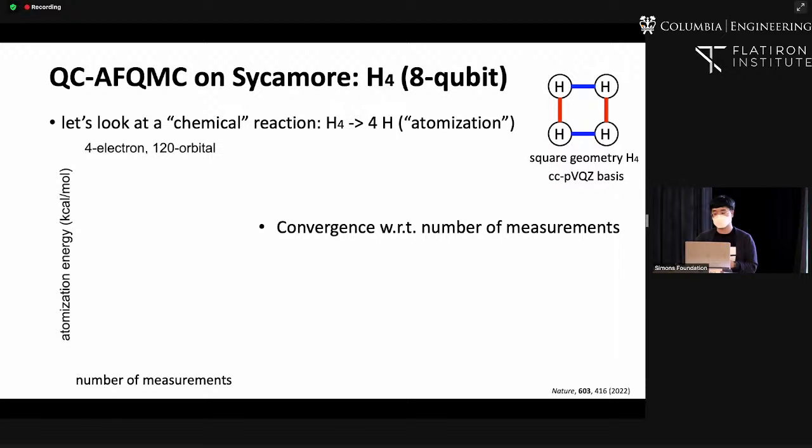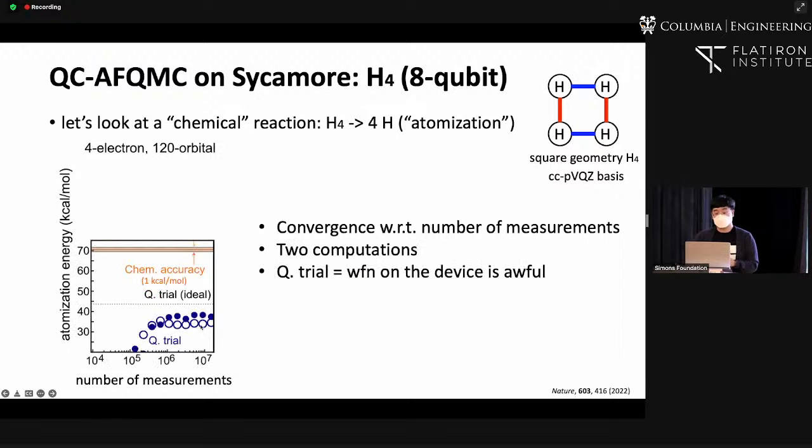These 2 are really the experimental data. We ran it on a different day, different weather, just to make sure that these are reproducible. If you didn't have any circuit noise at all, this quantum trial ideal is at around 45 kcal per mole. And if you see the exact answer, which is at around 70 kcal per mole, and the chemical accuracy window is very, very tiny on this energy scale.